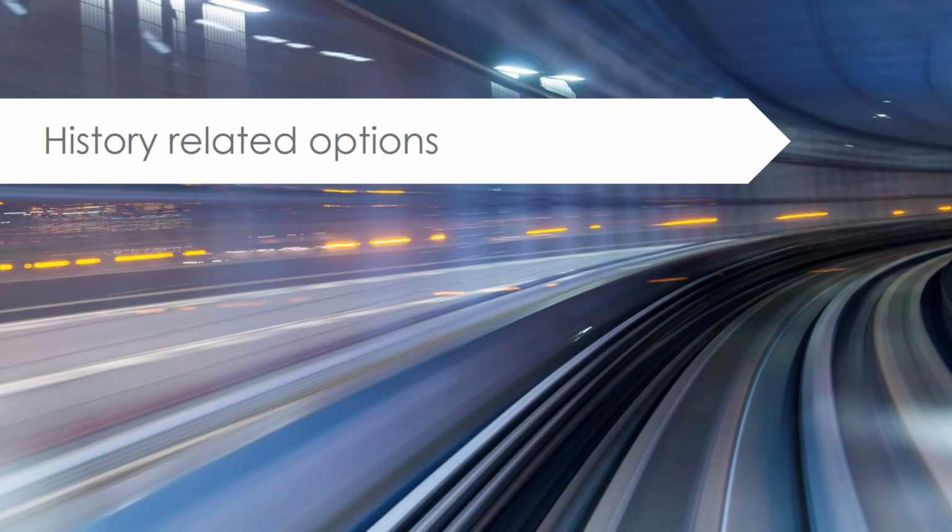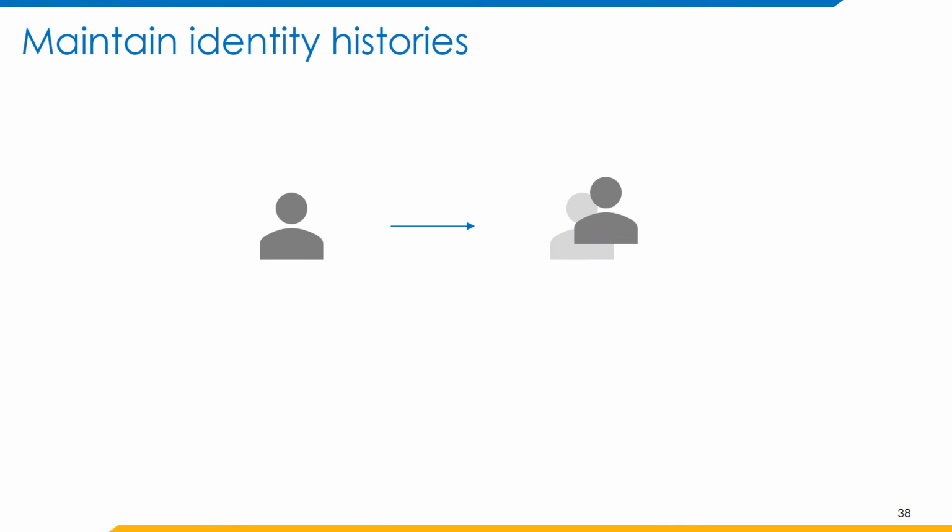The next option that we are going to consider is about the history related options. For various reasons, understanding the changes in the identities is important. We need to store the various states of the identities over various changes.